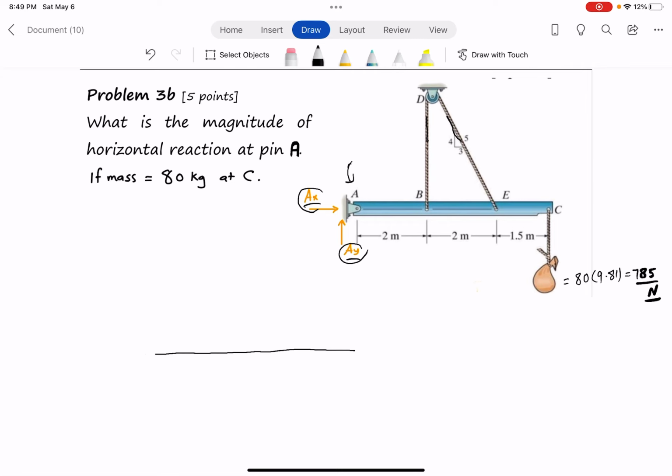This is the beam. We have reaction AY. We have reaction AX. And we have point B. There's a tension, just called tension T. And this is point B, and the distance is 2 meters. And we have another tension, which is the same T, but with an angle.